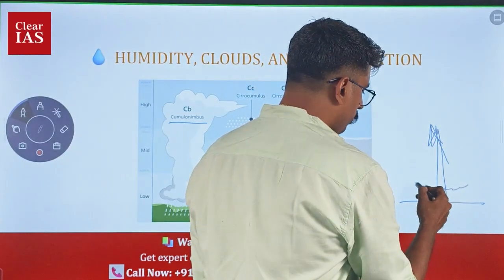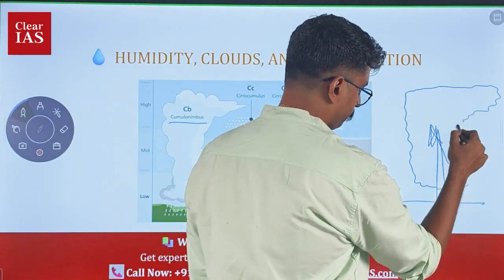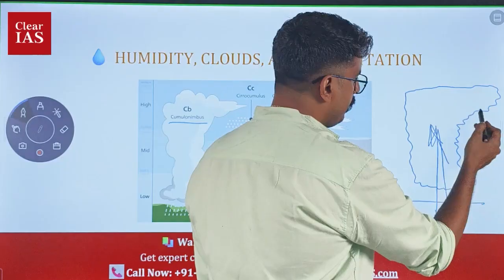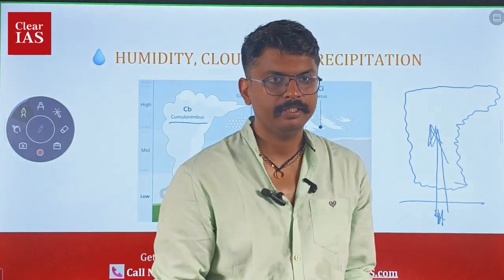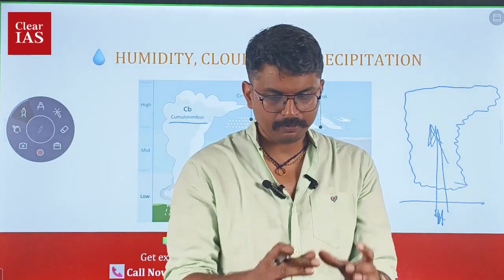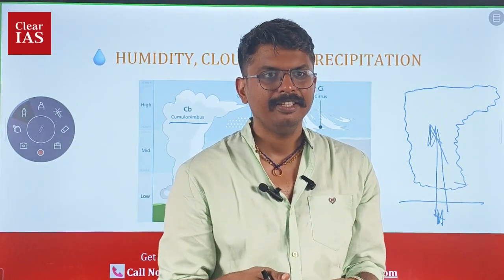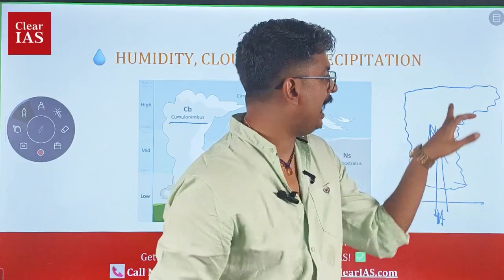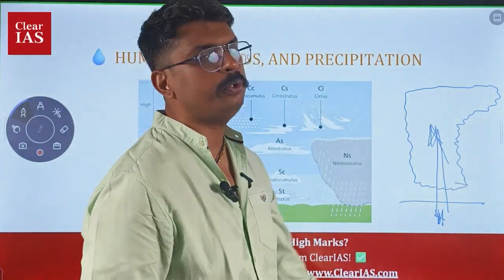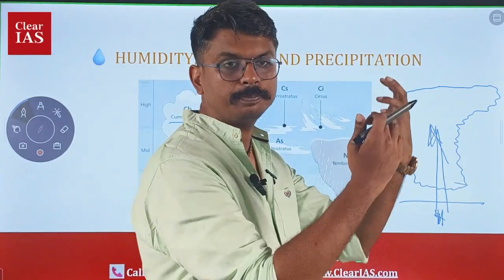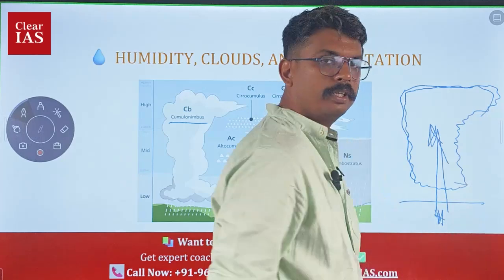So there would be clouds formed which take an anvil shape. Anvil means something like the cobbler puts his shoes into when he works, right? You have seen a shoemaker, there would be a stand like this and he puts the shoe inside. Yeah. So that is called an anvil shape.